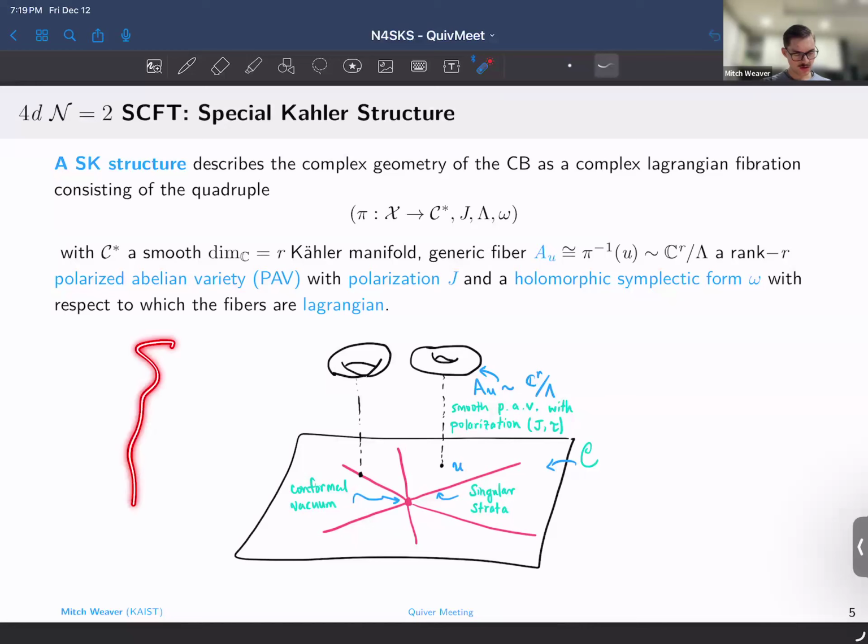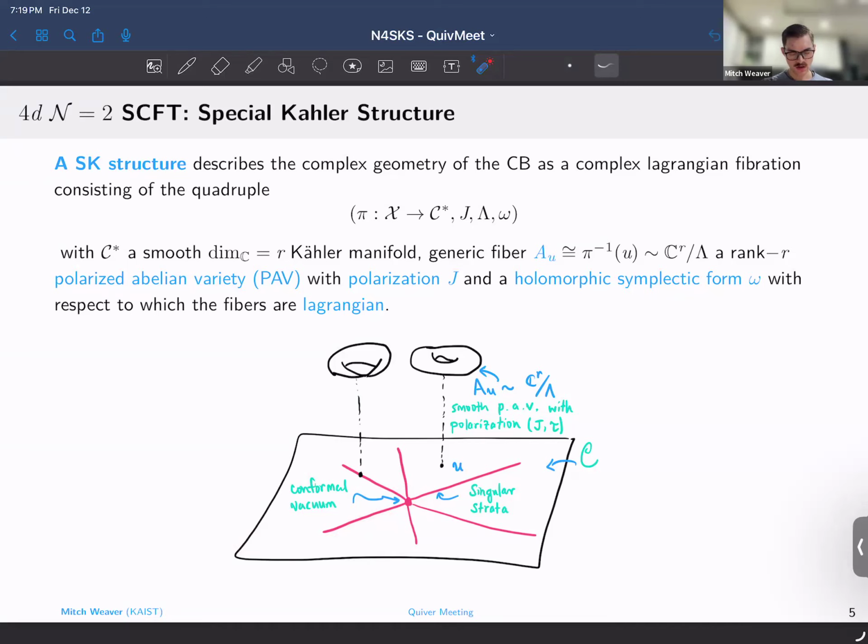And so down here is a little schematic of what's going on. We have our base given by this C*. C* is really just C here with these singular strata removed. But at the origin here, we have our conformal vacuum. There are some singular loci here.